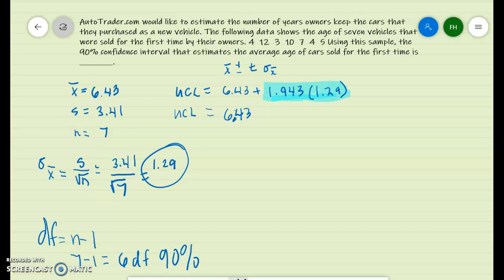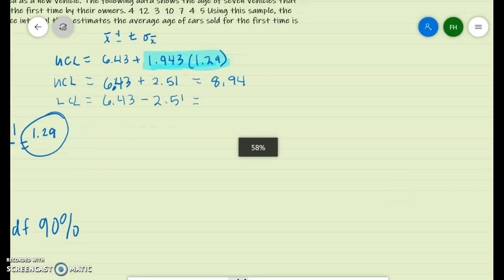So your margin of error is 2.51. That is the number that you're going to add and the number you're going to subtract from the mean.